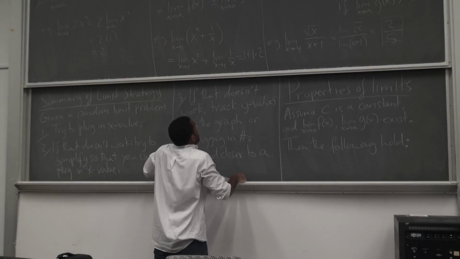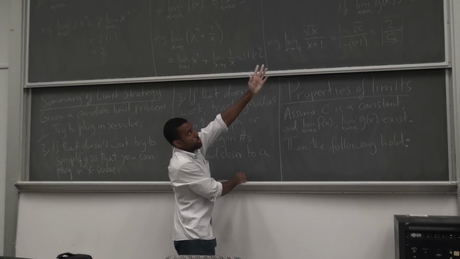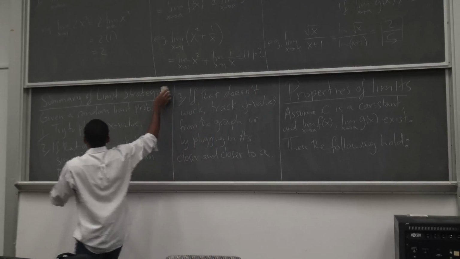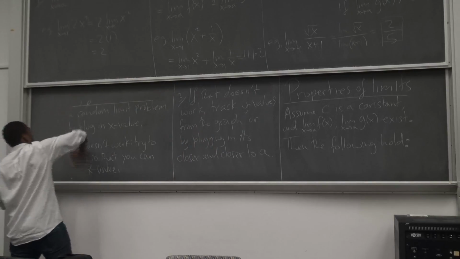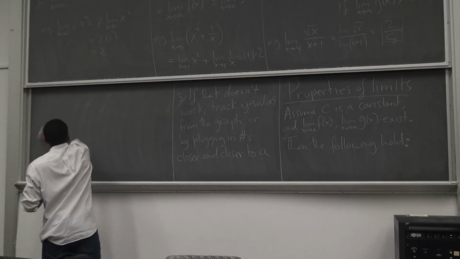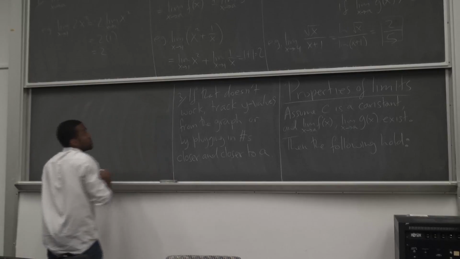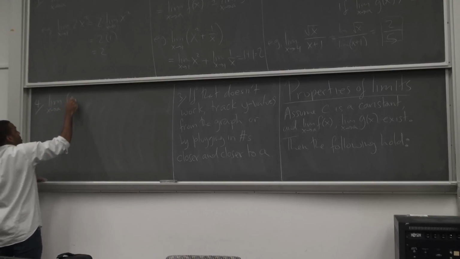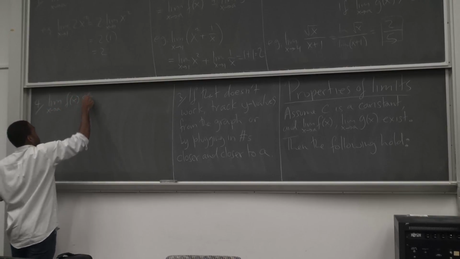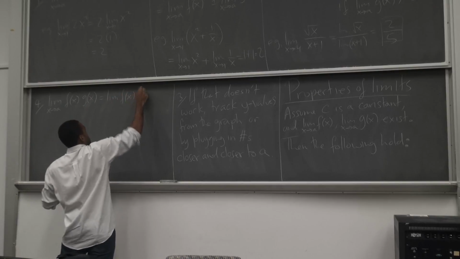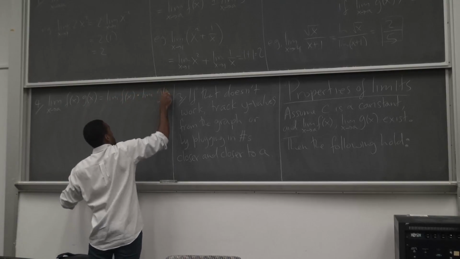So limits have very nice properties. They distribute across sums, they distribute across divisions, you can factor out constants, and they distribute across products as well. 4. So if I have the multiplication of functions, that will also work. The limit as x approaches a of f of x times g of x is just going to be the limit of f times the limit of g.